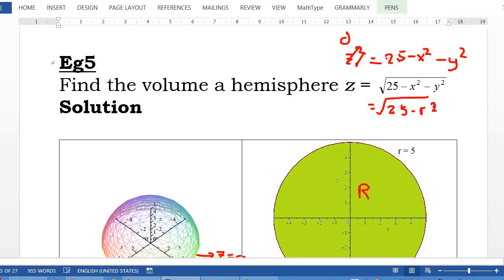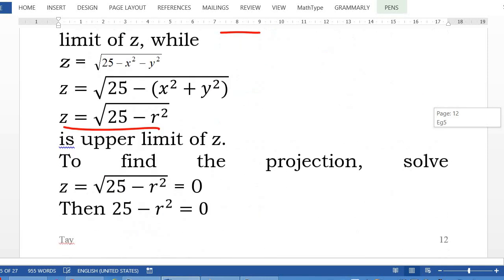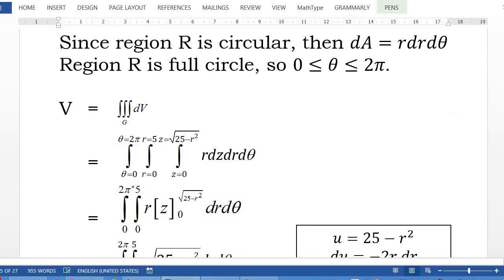So 0 equal to 25 minus x squared minus y squared, or x squared plus y squared equal to 25, or r equal to 5. And the region R is a full circle, so theta from 0 to 2 pi. That's why theta is 0 to 2 pi, and r is 0 to 5, which is actually the radius of your sphere too.